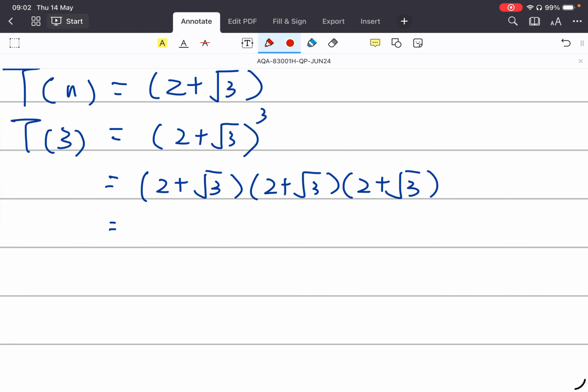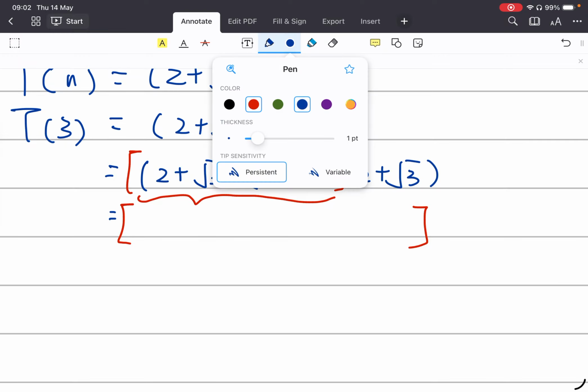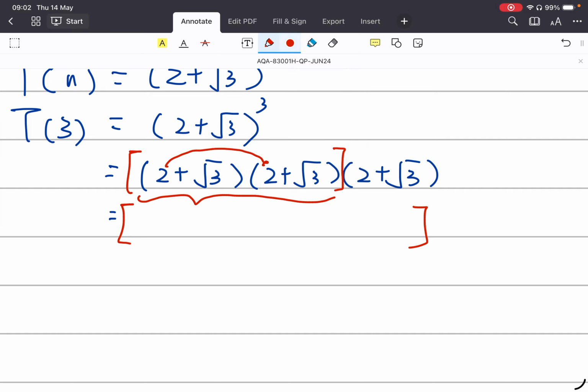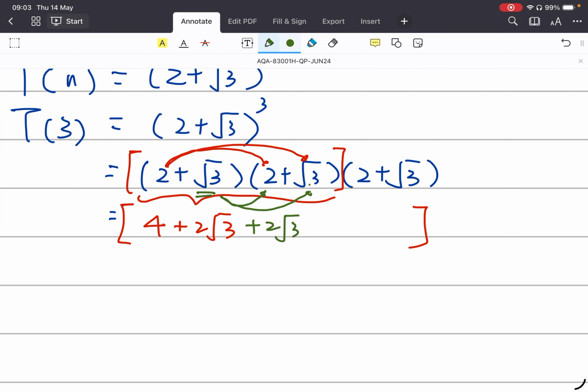We should go through the first 2 brackets, having a second level bracket to indicate we are trying to expand these 2 brackets first. So we use the rainbow. 2 times 2, 4. 2 times square root 3, 2 square root 3. The next one, square root 3 times 2, 2 square root 3. Square root 3 times square root 3 is 3.